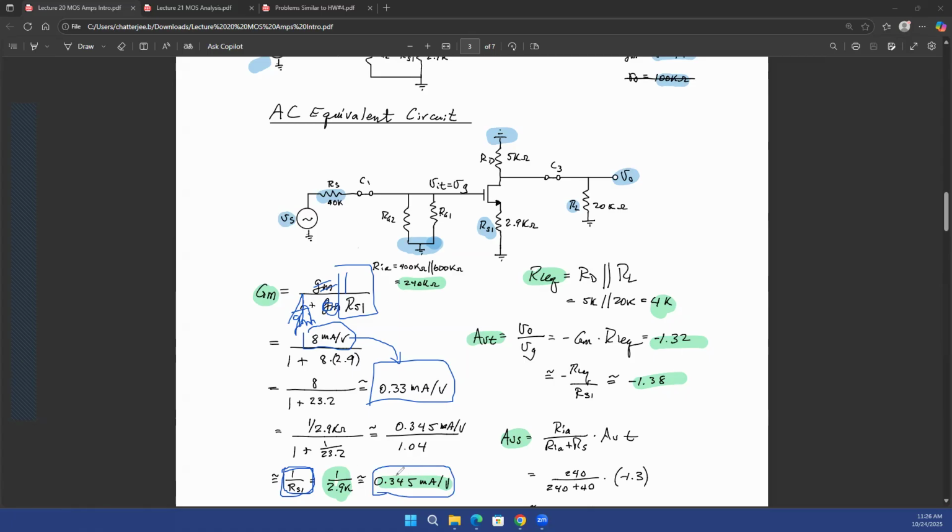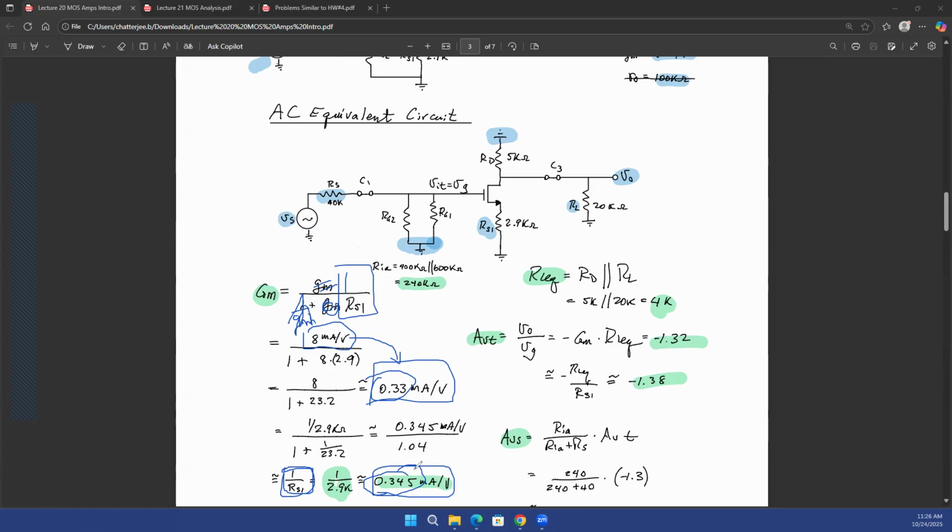If you just calculate 1 over RS, you get 0.345. If you calculate gm divided by 1 plus gm RS, you get 0.33. That's why I say that in many cases in electronic circuits, it makes sense to do that little bit of approximation, because otherwise your equations will be too complex. If you understand the problem well, you can do a lot of approximations, which will make your life much easier.